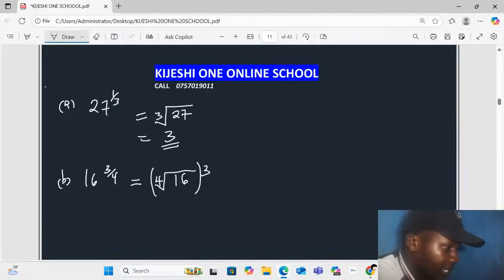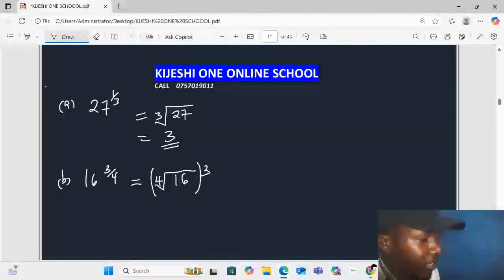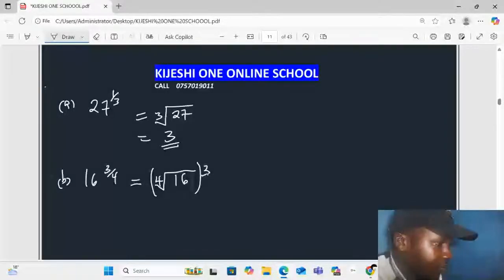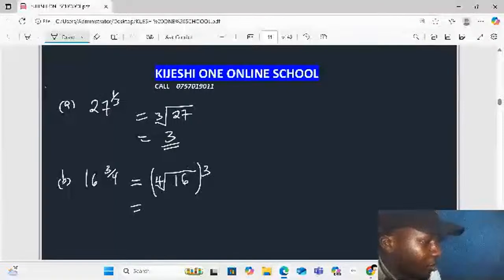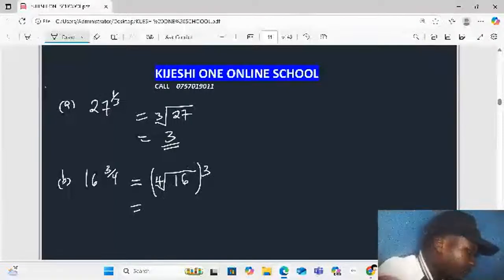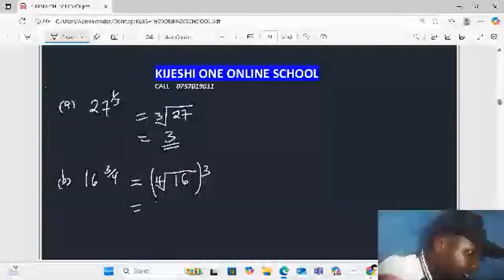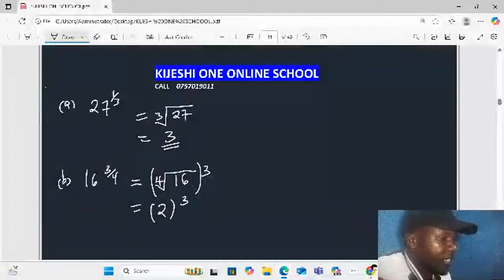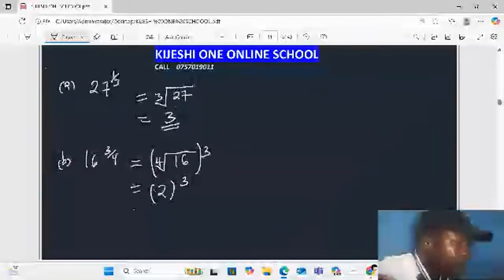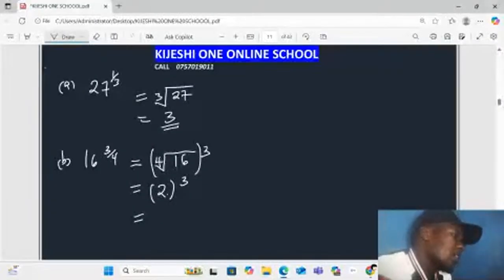The numerator of the index becomes the power, and the denominator is the root. So we find the fourth root of 16, which is 2. You can use your calculator. That is 2. Then you raise it to 3. Now, 2 cubed, you're going to get 8.